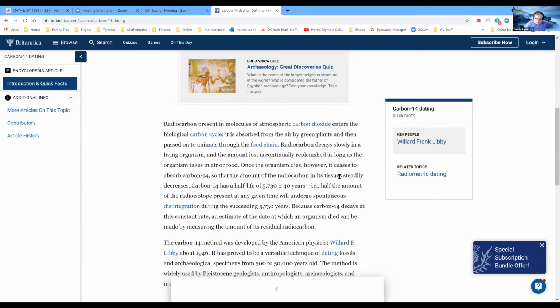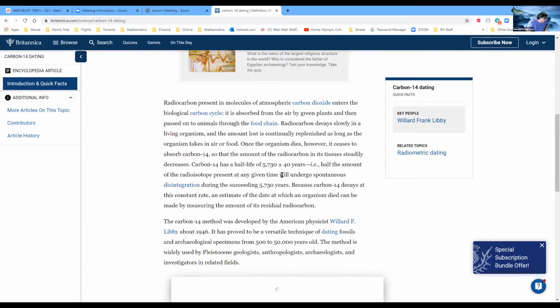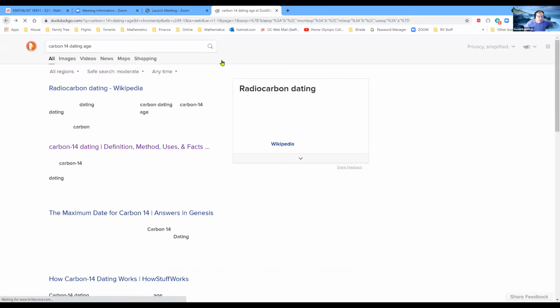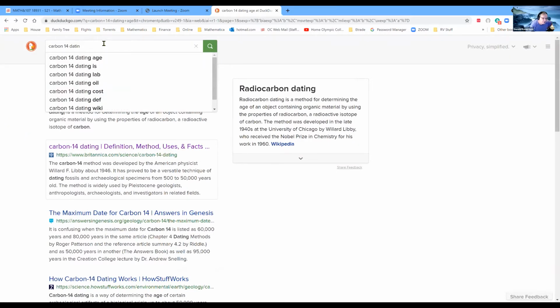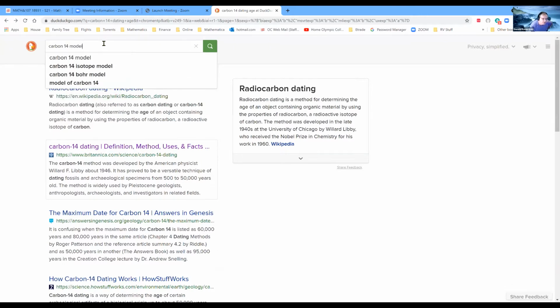Okay, 5730. Nope, that didn't work. Okay. Maybe I should put in carbon 14 model. That might work.